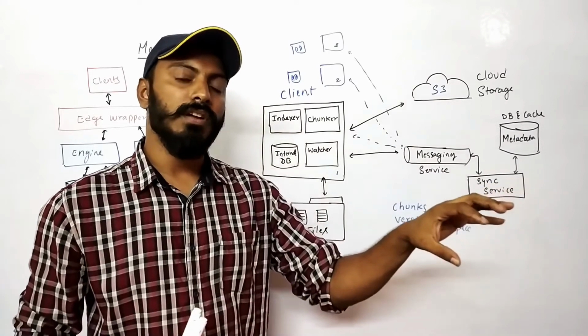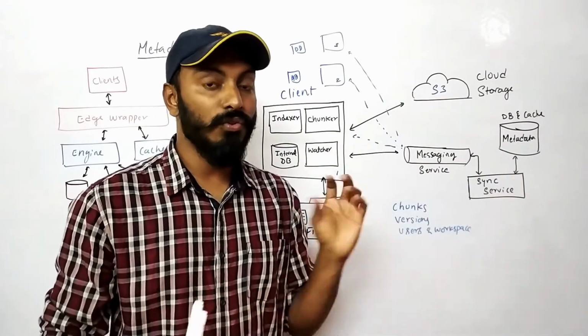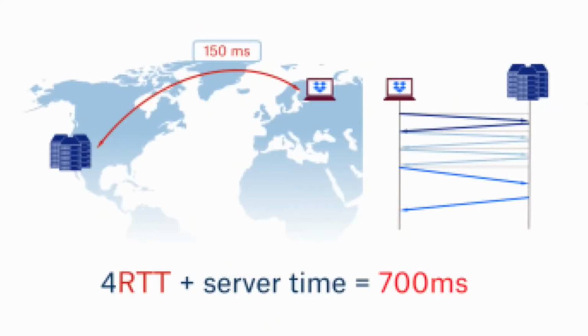What these servers contain is the metadata information, because without metadata we can't download any file from Amazon S3. Look at this first picture, which explains this. Consider that the metadata and the data are both stored in the US region. If a user from Europe wants to download it, it takes about 700 milliseconds.